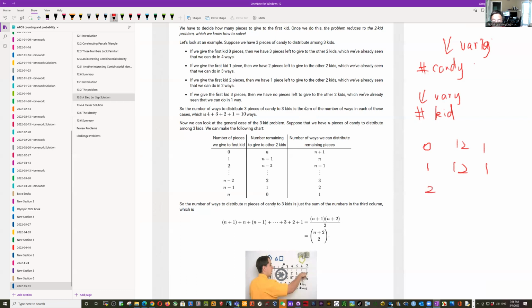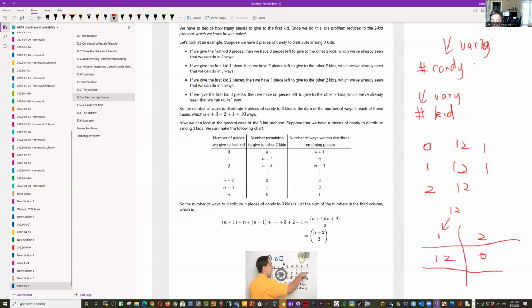If I have 2 kids, so they are kid 1, kid 2. 12 candy goes to the first kid, and the second kid gets 0.